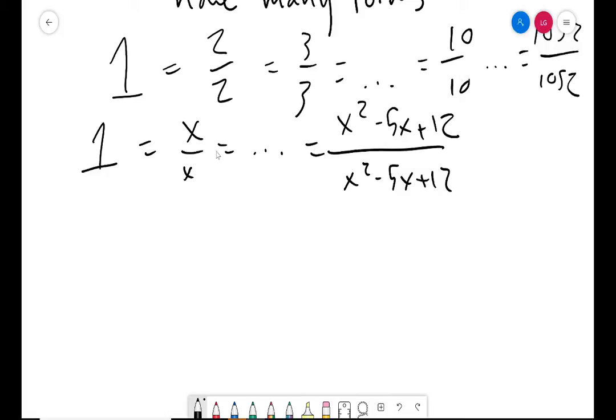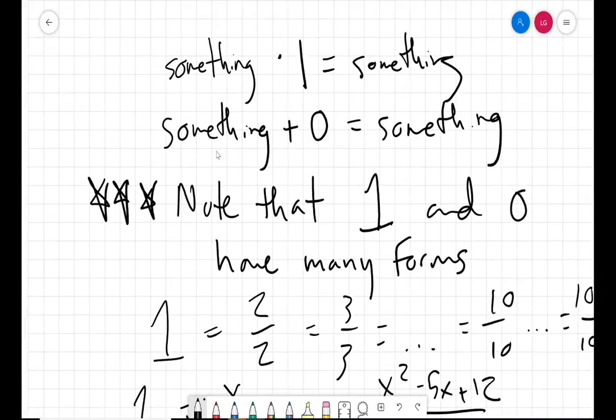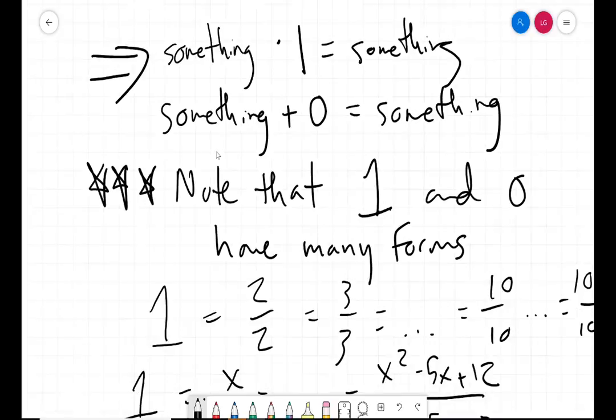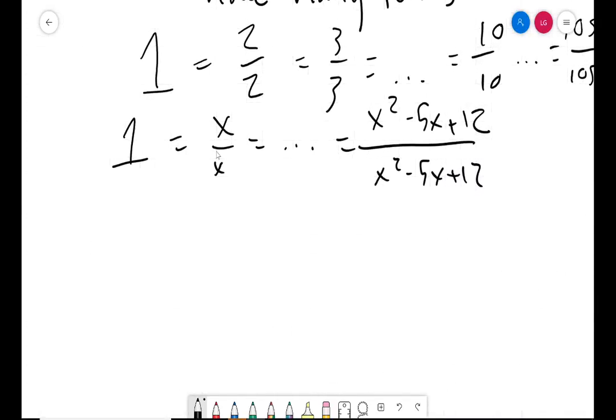So these two things combined, this first initial statement here that something times 1 is equal to something, combined with this fundamental and core mathematical idea that something divided by itself is 1, is really what we're talking about here with this factoring and dividing to 1. What we're saying is that we can find sometimes in these more complicated expressions, if we factor them top and bottom, we can find a piece that is in fact 1.